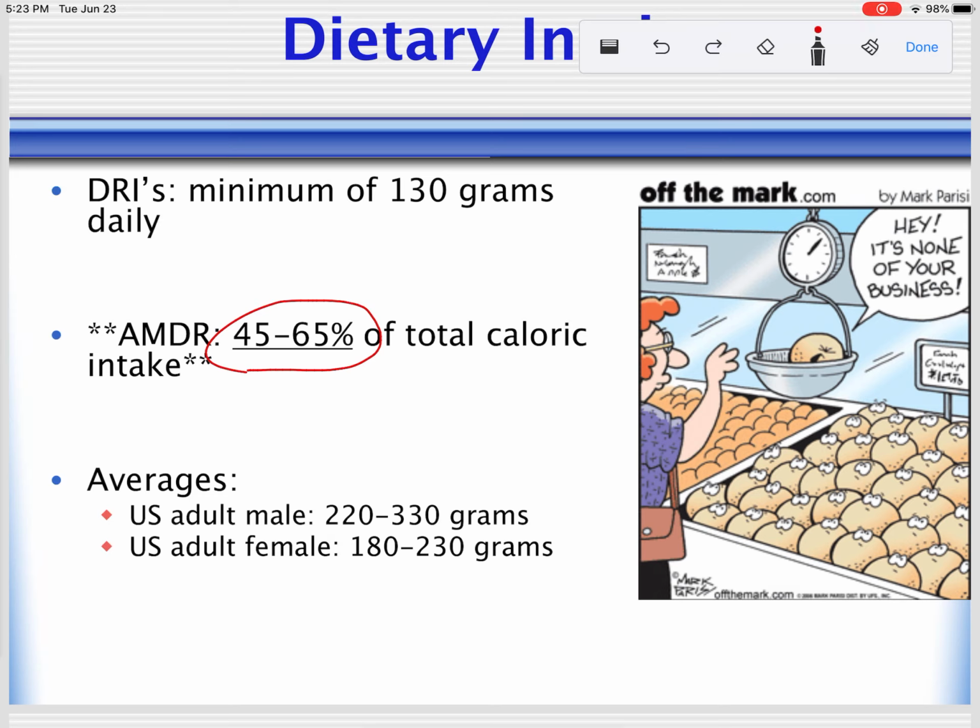Know that range. And why is it a range? Well, people are different. Athletes, for example, are probably going to fall on the higher end of this because they need more energy, so they need more carbs. Maybe an athlete gets, on average, 62% of their diet from carbs, versus someone who's sedentary, who needs fewer carbs, or someone who's diabetic, who needs fewer carbs.